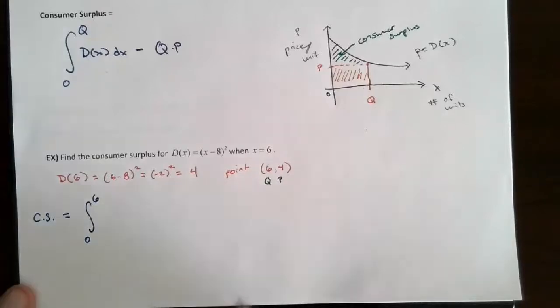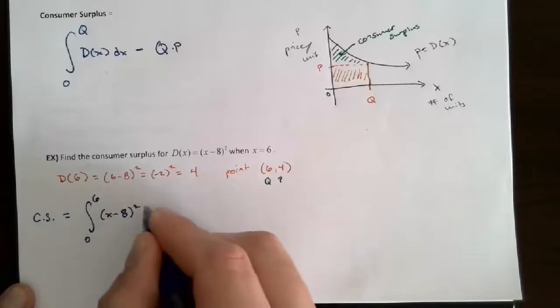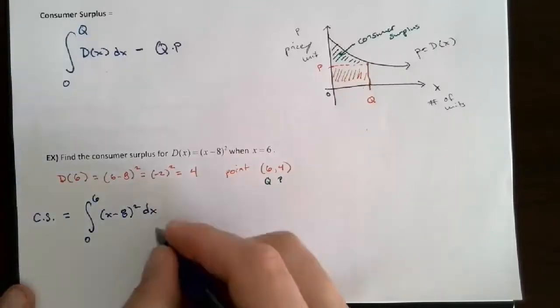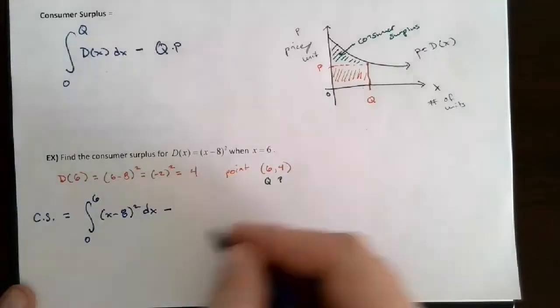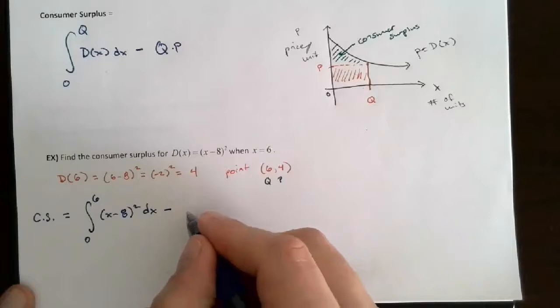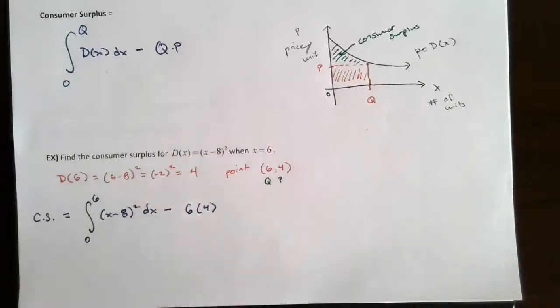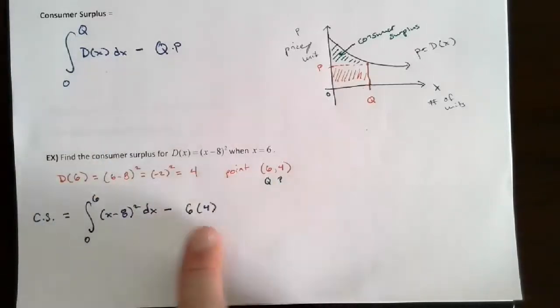Well, what's d of x? d of x is (x minus 8) squared dx, and then minus Q times p. Well, that's minus 6 times 4. So we're just substituting into our formula up here. Make sure you put 0 to 6 because 6 is Q, and Q times P here is 6 times 4.